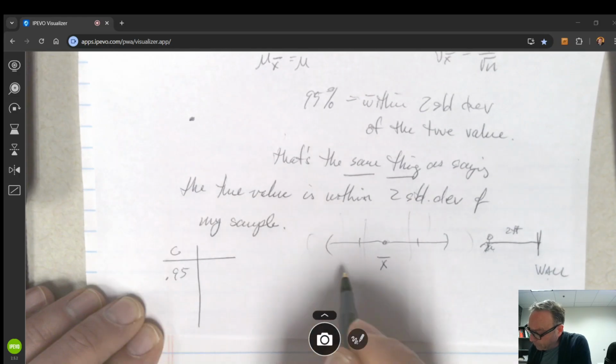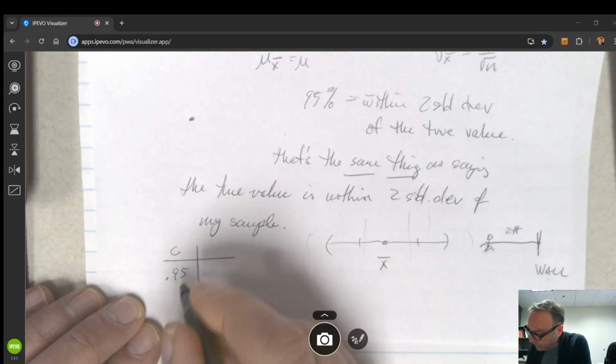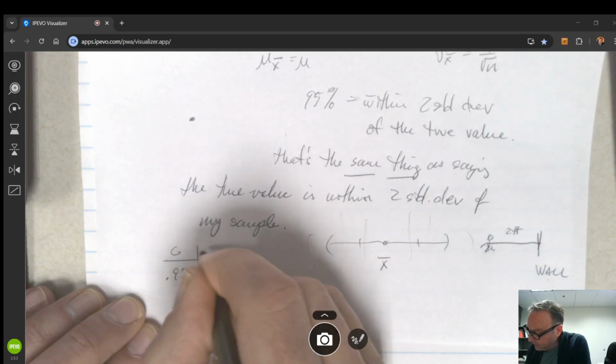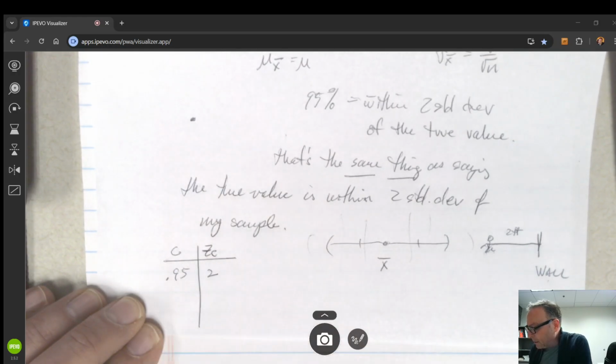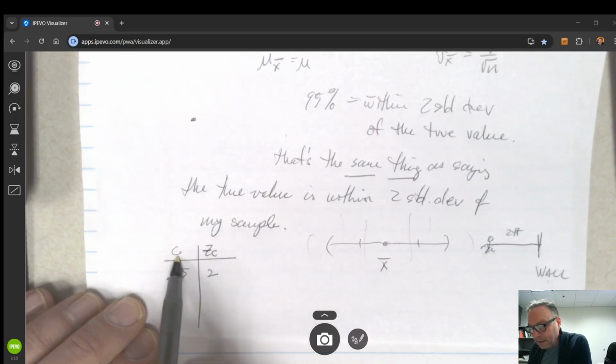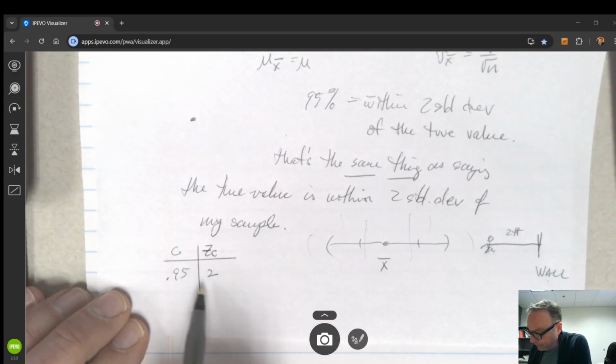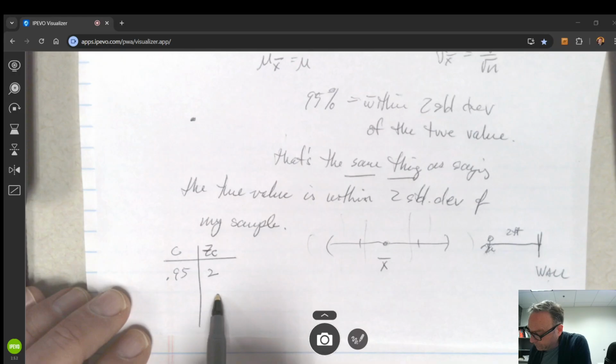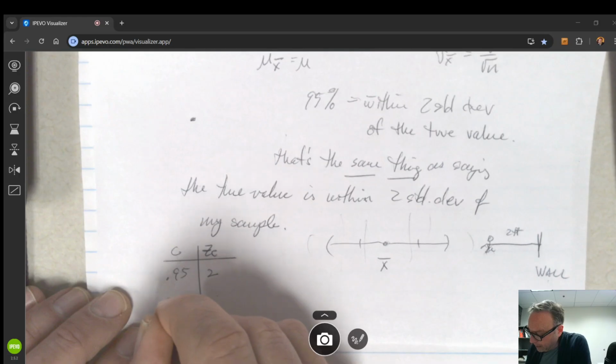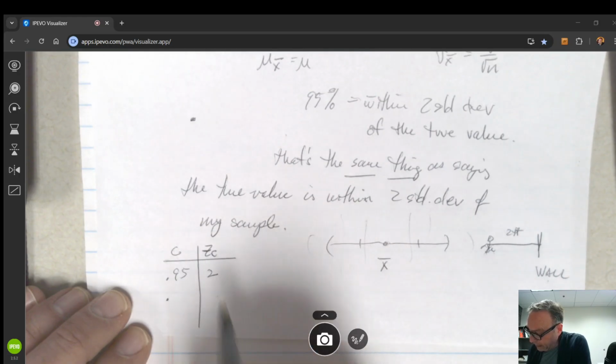That corresponds to 2 standard deviations, right? This 2 is what's known as ZC. This C and that C are related. If I make this bigger, then I'm going to make my confidence interval bigger. And if you remember, 99.7 was 3.